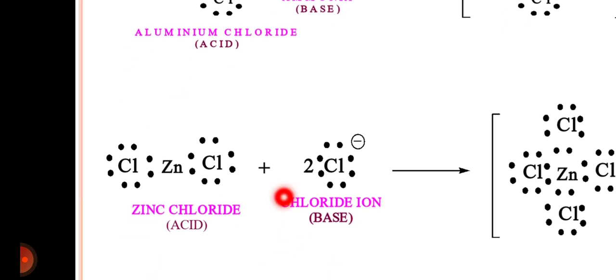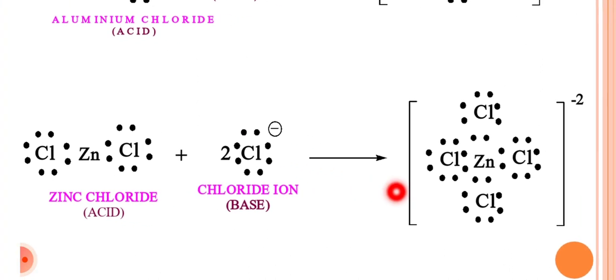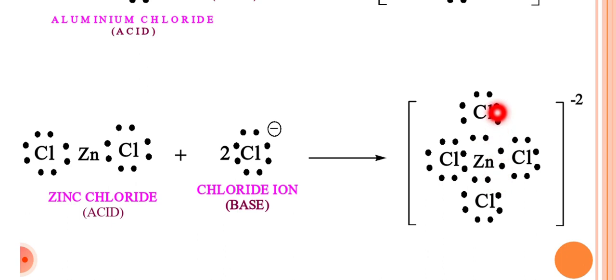Let's look at the last example, zinc chloride. Here the central atom zinc is surrounded by 2 plus 2, 4 electrons only. So to complete the octet, it is in need of 2 pairs of electrons. So zinc chloride can react with 2 chloride anions to form the zinc tetrachloride anion.